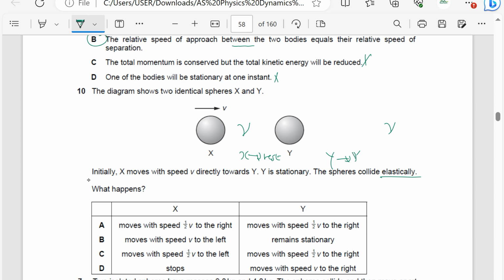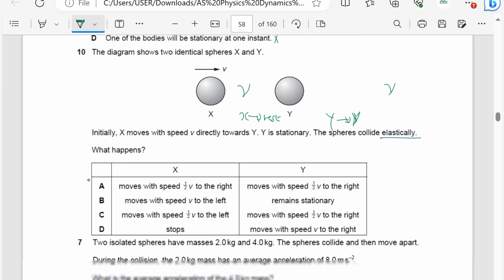If the relative speed of separation is to be equal to the relative speed of approach, x should stop and y moves with the speed v to the right, so that the relative speed of approach is the same as the relative speed of separation. Because they have the same mass, y cannot be stationary when x collides with it.